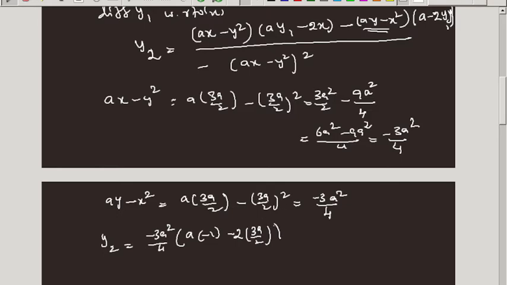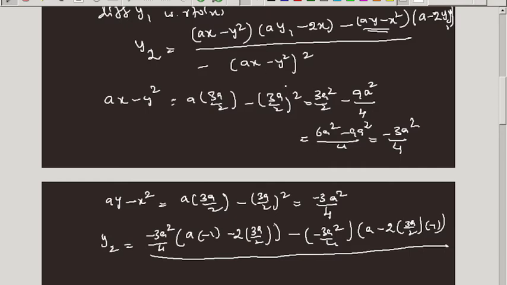So we close the bracket, minus, 3a y minus x square is minus 3a square dividing by 4 into a minus 2 into 3a by 2 into y1, which is minus 1, dividing by the denominator, a x minus y square, whole square, which is minus 3a square by 4 whole square. So here we simplify the values.